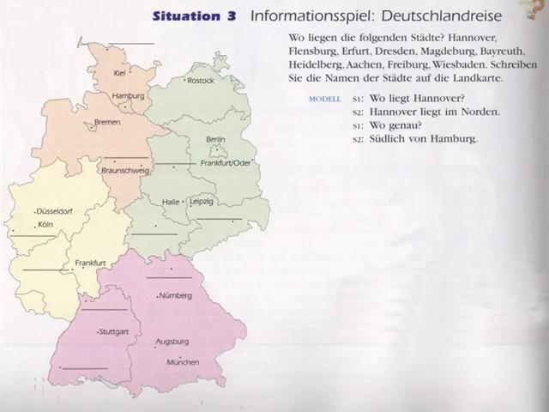Let's consider this assignment. Here, students are to ask one another which quadrant of Germany a given city is in, then explain where that city is in relation to another city.